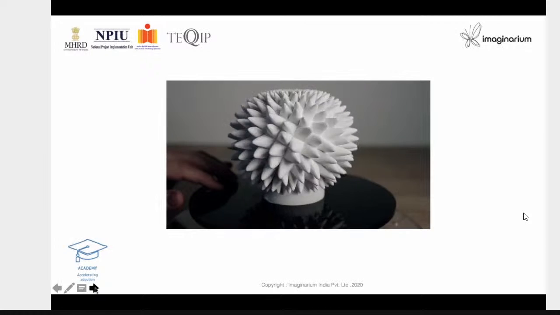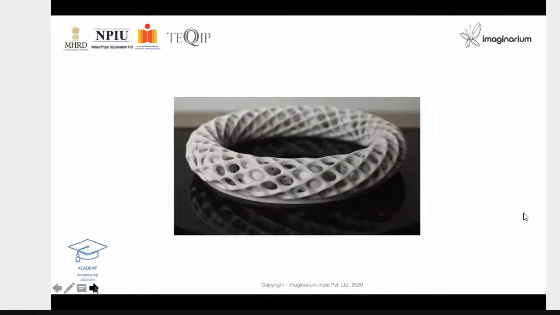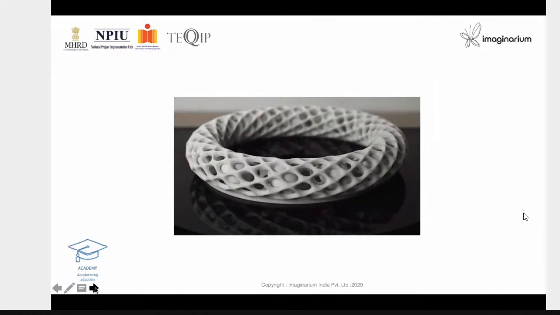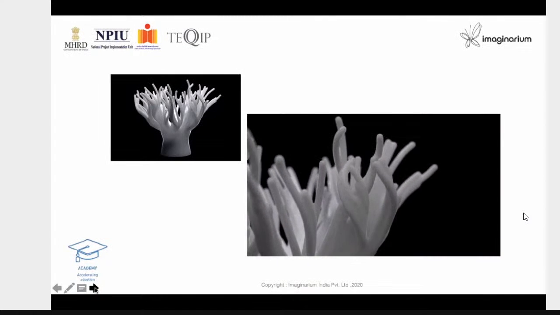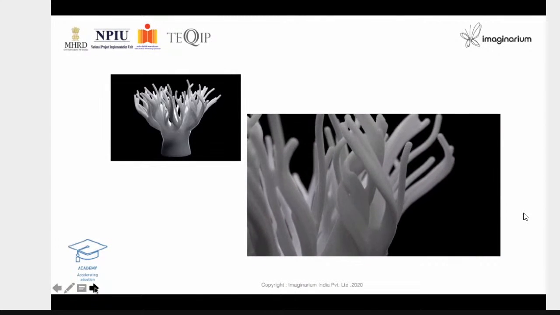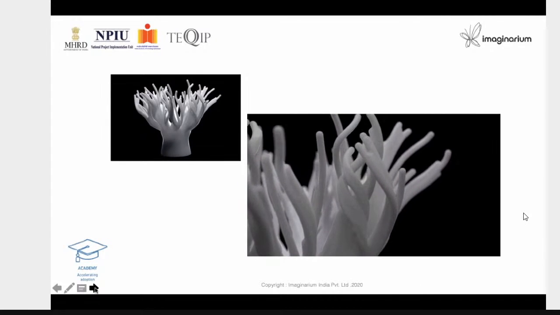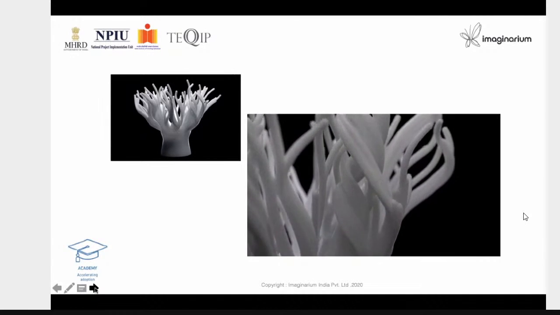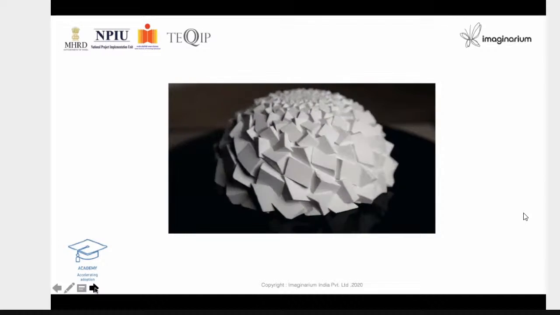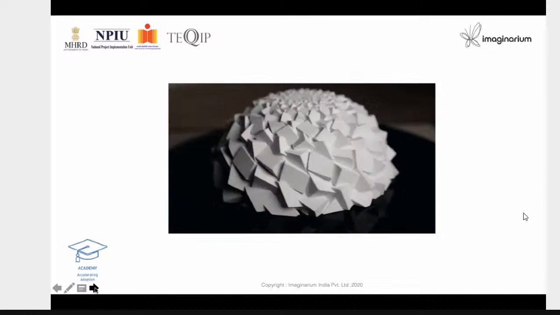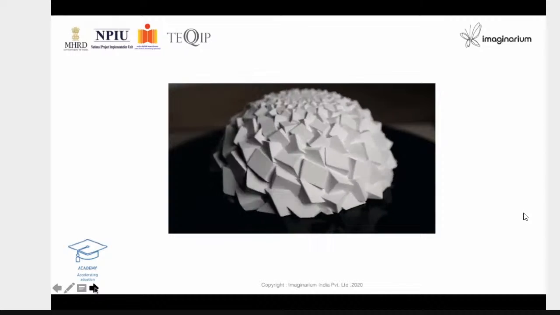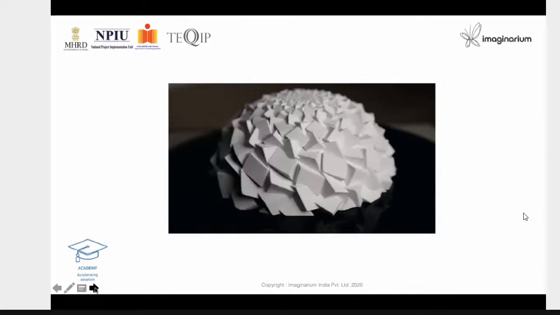And some of these lifestyle products are also being developed. They have a dramatic effect because they move. They look as though they're growing in size. Here also, because it is moving on a turntable, it looks very different.